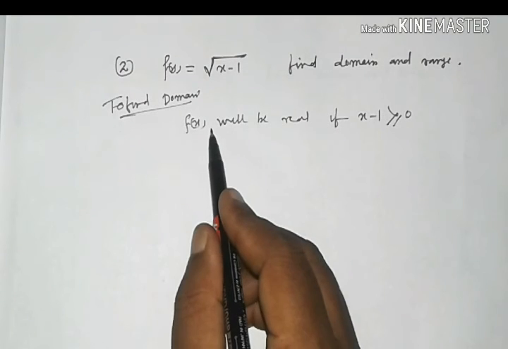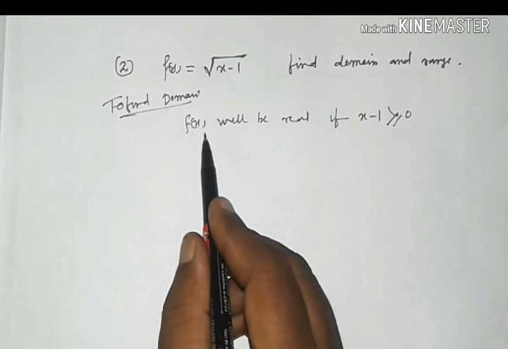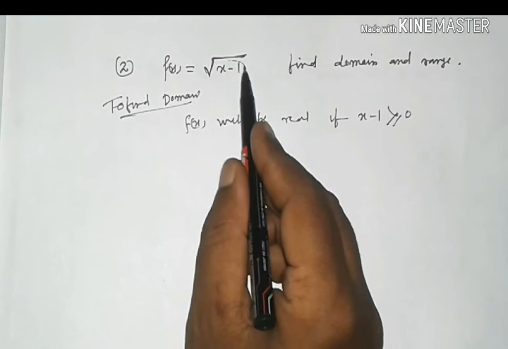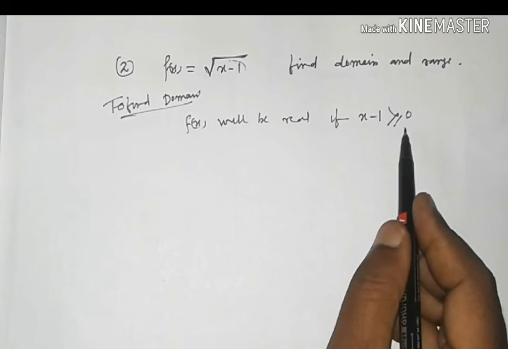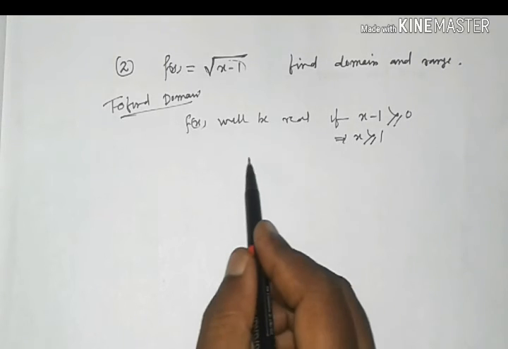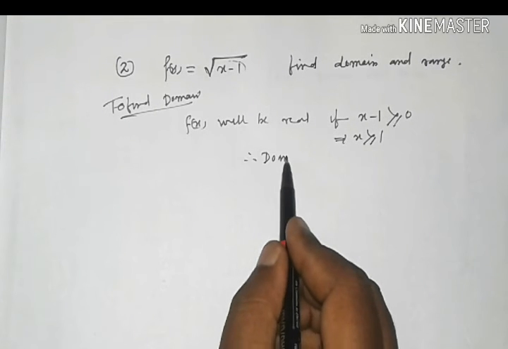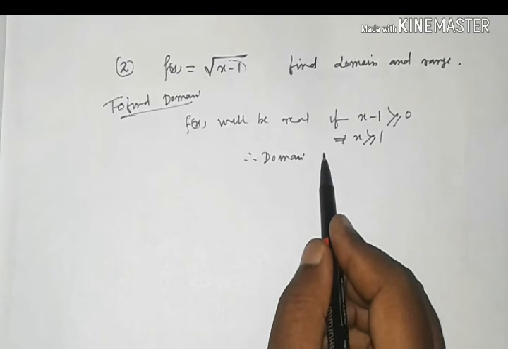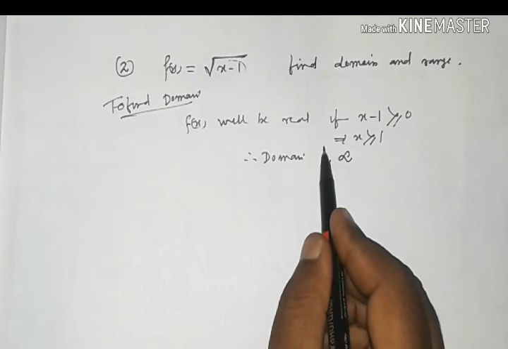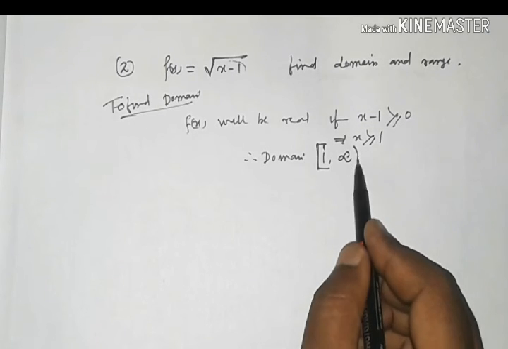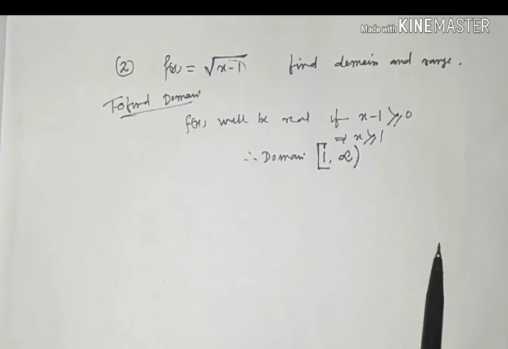This implies x is greater than or equal to 1. So the domain is 1 to infinity. 1 is included, so it is a closed interval.